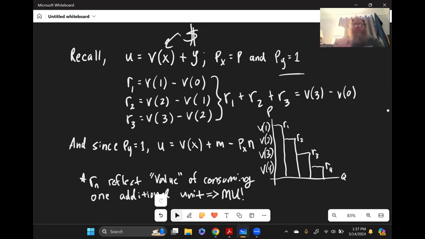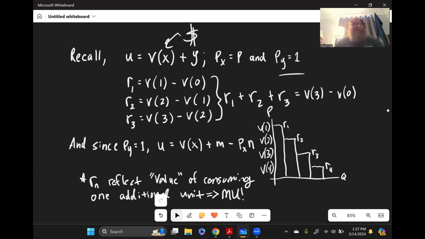So the difference between V of X and Y is that Y is just the amount of money that I spend on all goods other than X, right? It's whatever else I'm consuming other than X. And that's going to represent my utility from those goods.